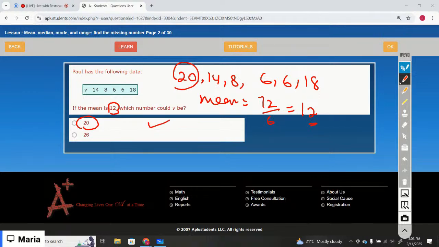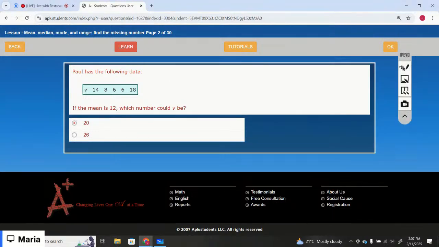So that means the correct option is V equals 20. So the correct option is option number 1, that is 20.